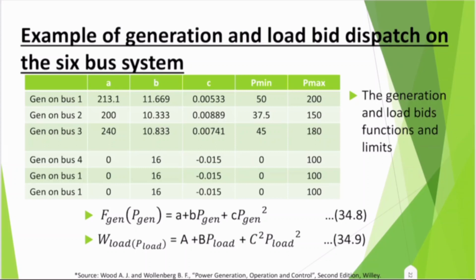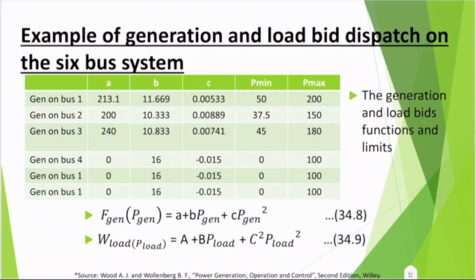If you see those cost characteristics, it will tell you that the P minimum is 50 for the first generator, 37.5 for the second and 45 for the third, and the P max is going to be 200, 150 and 180. The generation and load bid functions are available to me. That means a generation company may say, I'm ready to sell my energy with this characteristic and this is my block that I'm ready to sell.